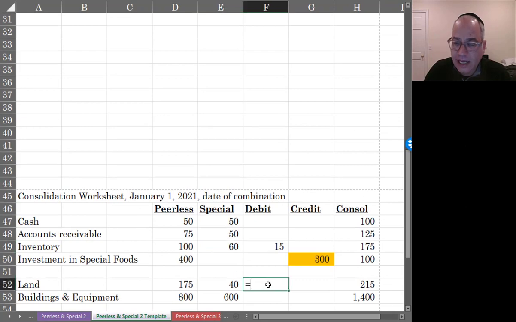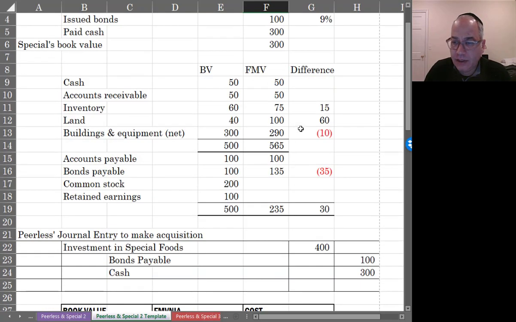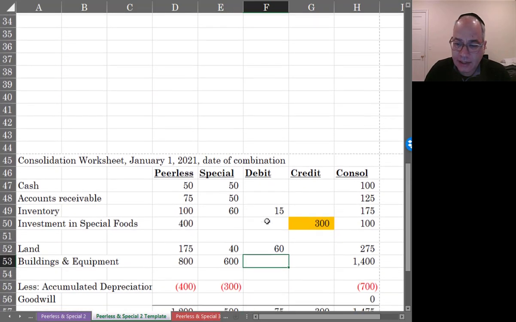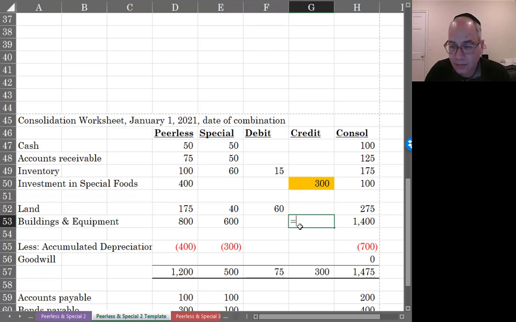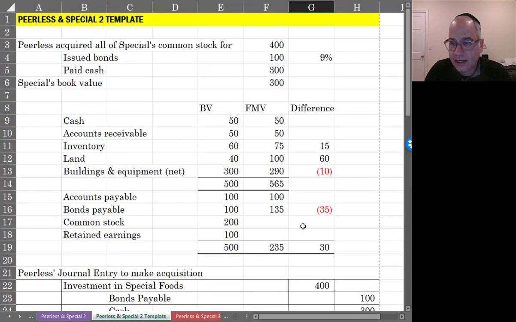Similarly, the land should be written up by $60,000, so I'm going to debit land for $60,000. Buildings and equipment should be written down by $10,000. So I'm going to credit buildings and equipment for $10,000.